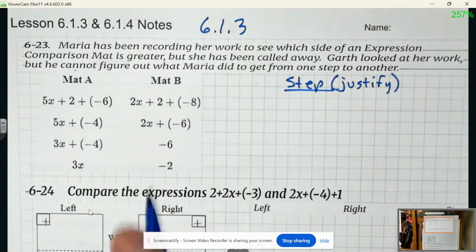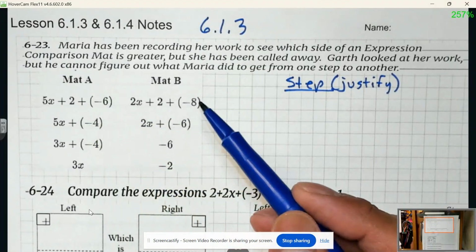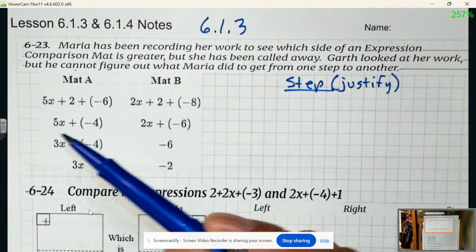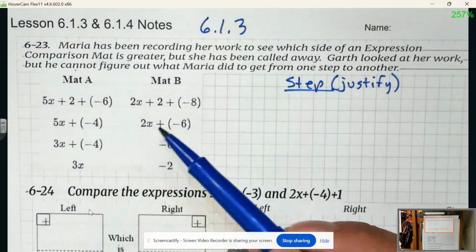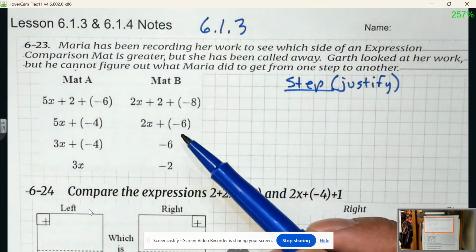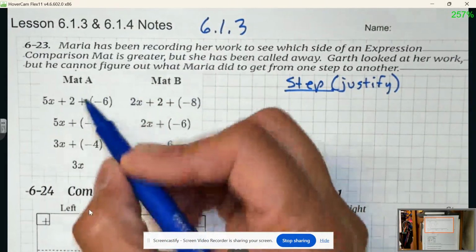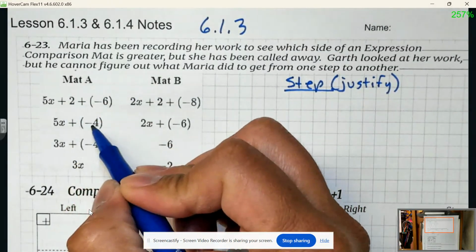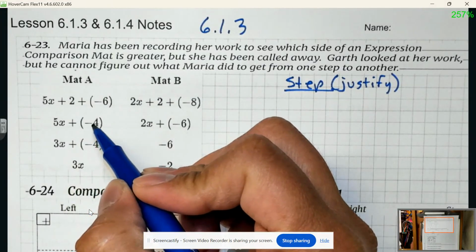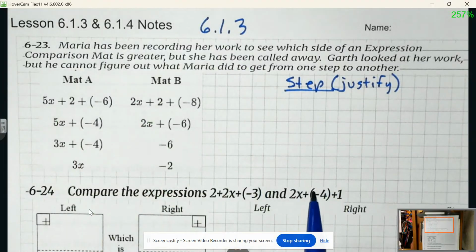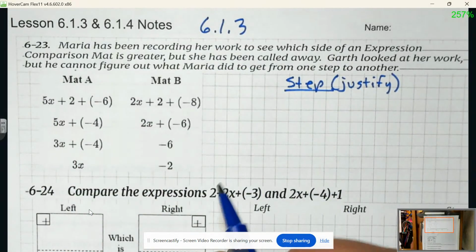All right, so if you look at the first step, we have 5x plus 2 plus negative 6, and 2x plus 2 plus negative 8 becomes 5x plus negative 4, and mat B becomes 2x plus negative 6. So what has happened in this case is the 2 and the negative 6 became a negative 4. These terms were just combined because they are like terms.